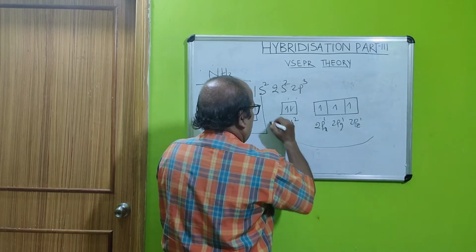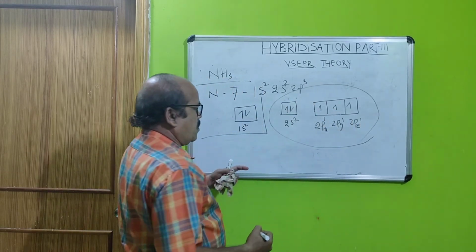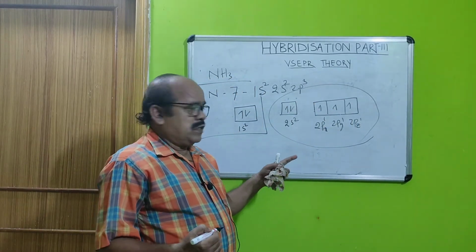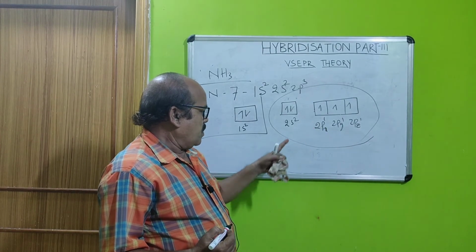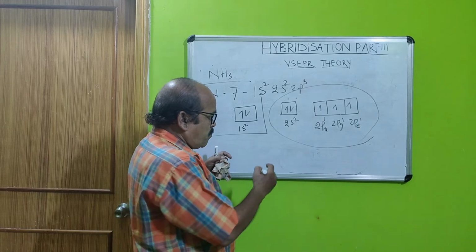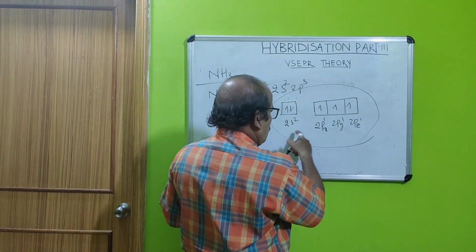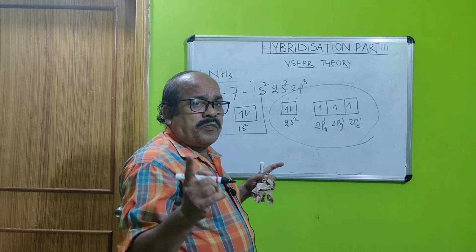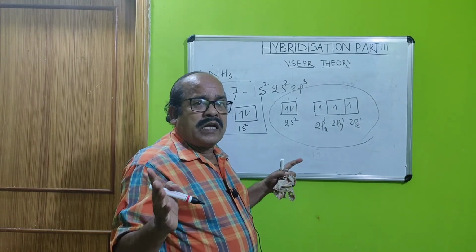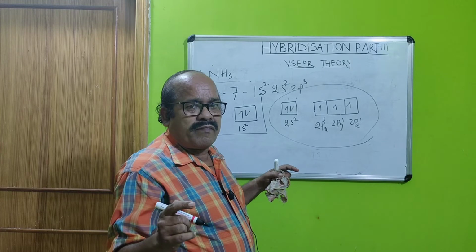This is the valence shell. It has 4 orbitals, 2s2, 2px1, 2py1 and 2pz1. These 4 orbitals will take part in the process of hybridization as they are in the same energy level.